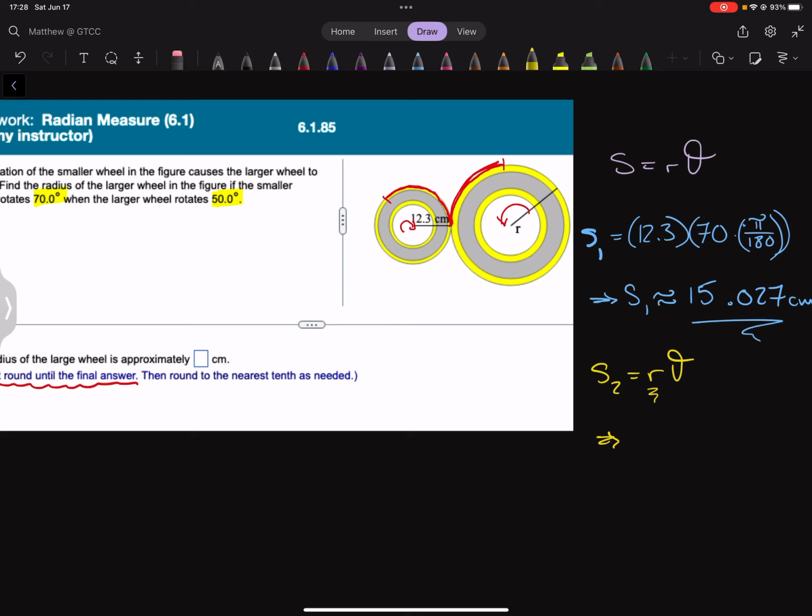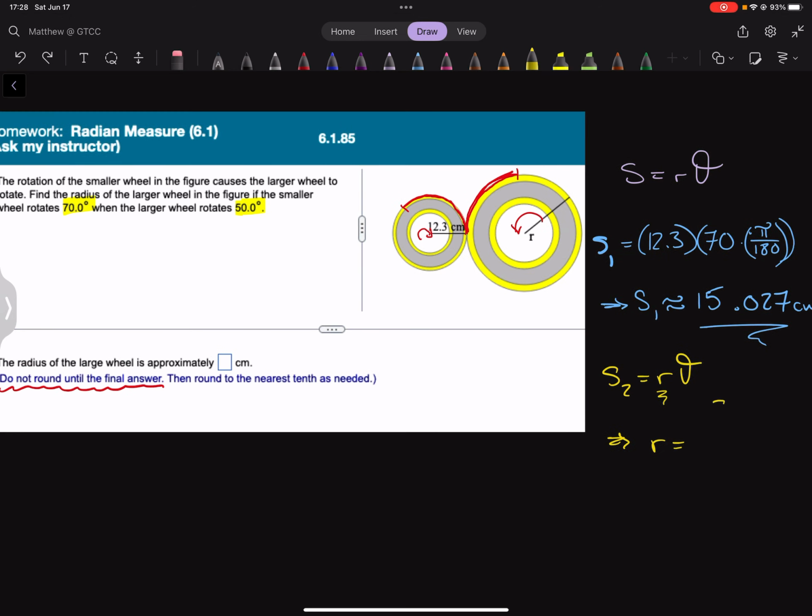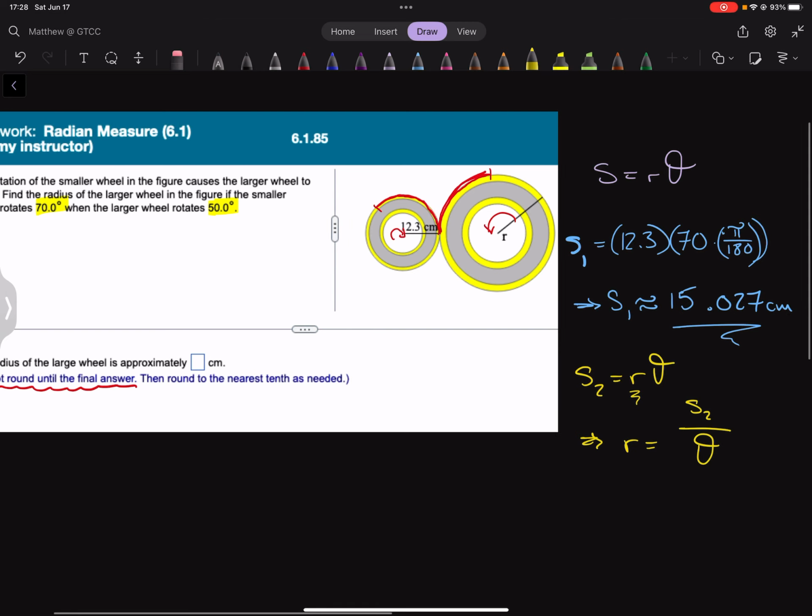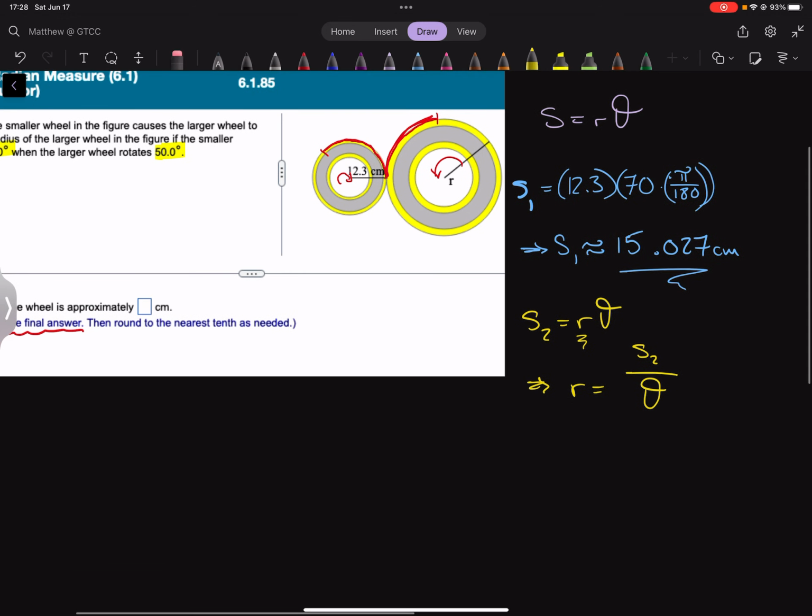R is going to be equal to that second arc length divided by the amount of rotation that we have. We can substitute both of these in, and we'll call that R sub 2.